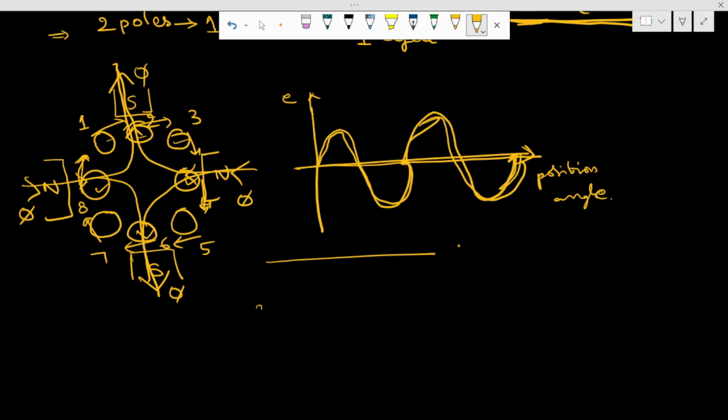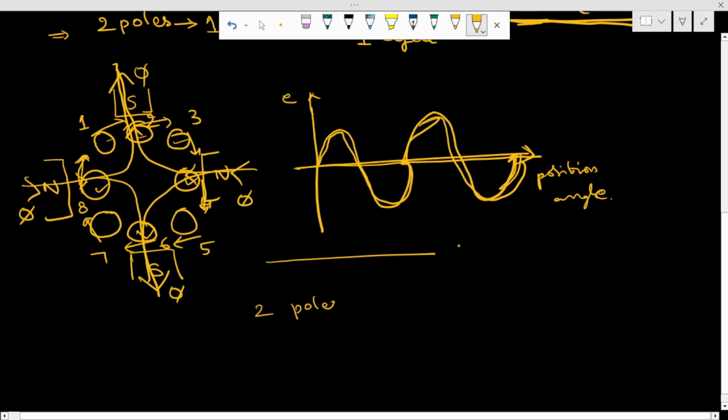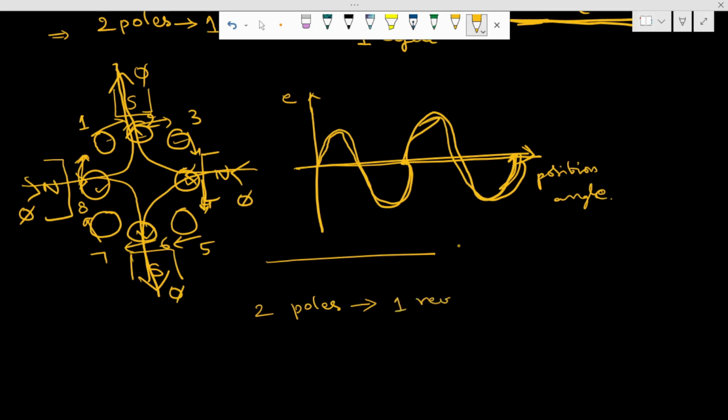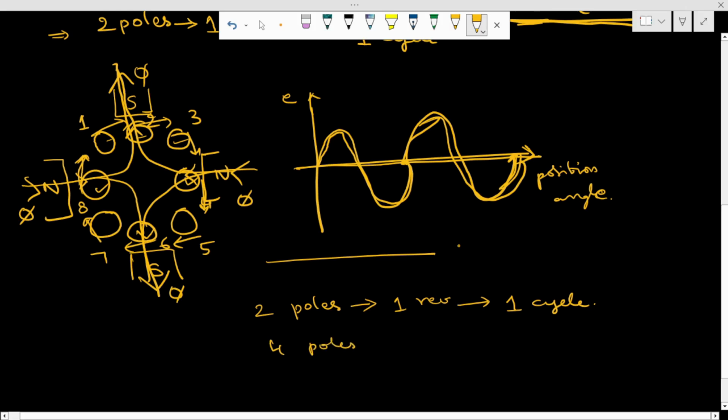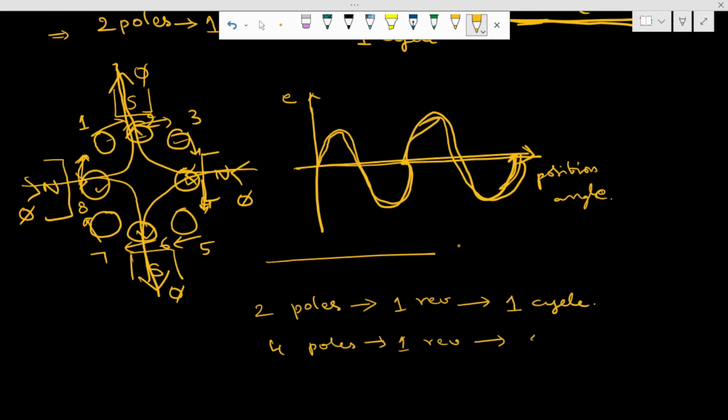See, for the two poles in the last one, for one revolution of the conductor we are getting one cycle. For the four poles, for one revolution of the conductor we are getting two cycles.